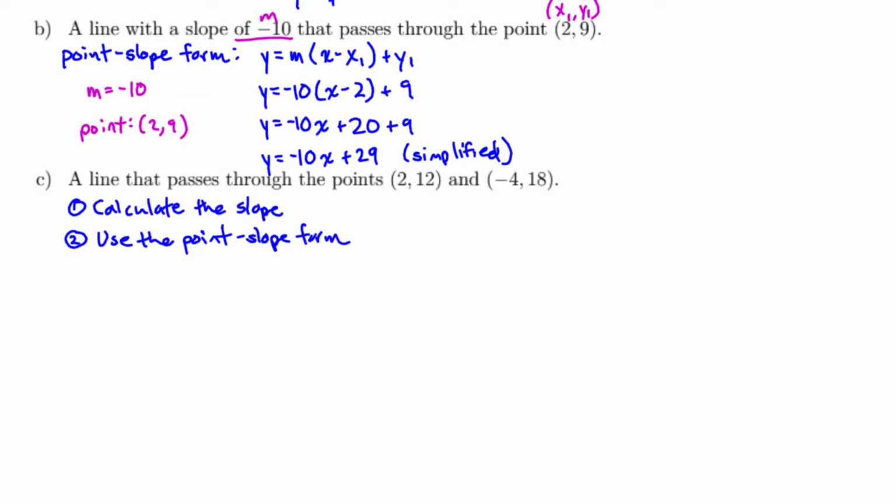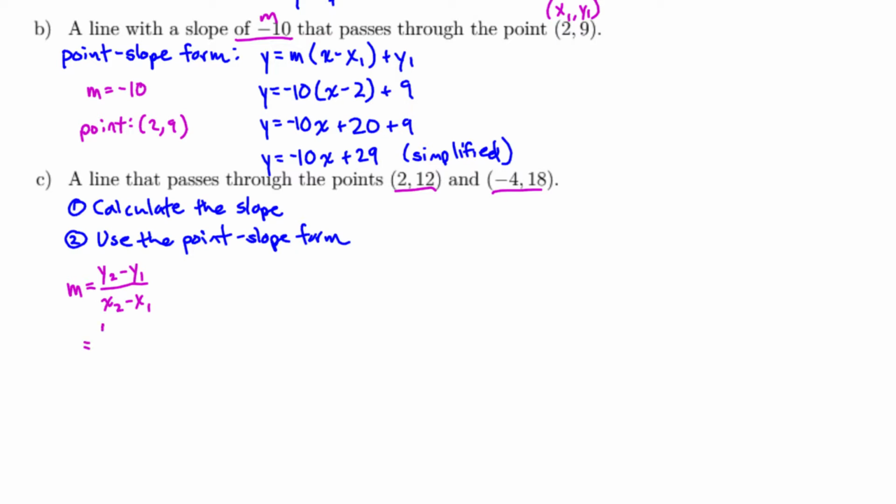So let's do step 1. We have the points (2, 12) and (-4, 18). So our slope, m, when we're calculating that from 2 points, we write that as y2 - y1 in the numerator divided by x2 - x1 in the denominator. And again, we're just subtracting the y coordinates, and then dividing that by the subtraction of those x coordinates.